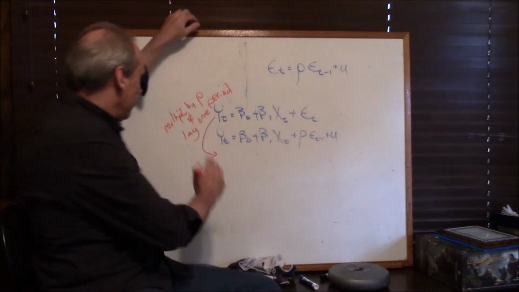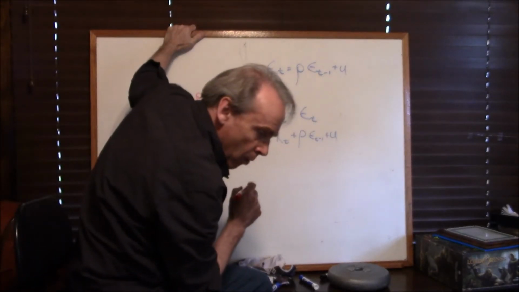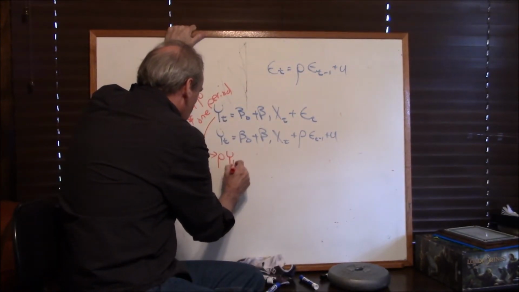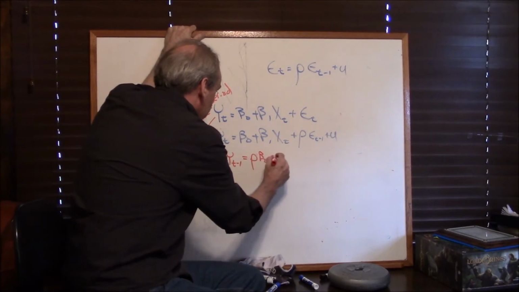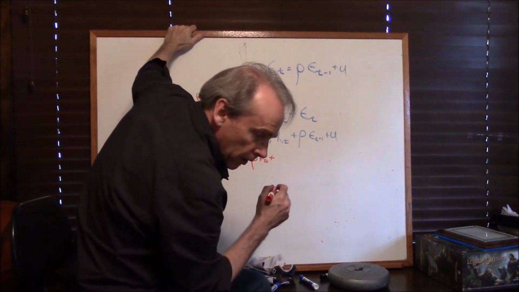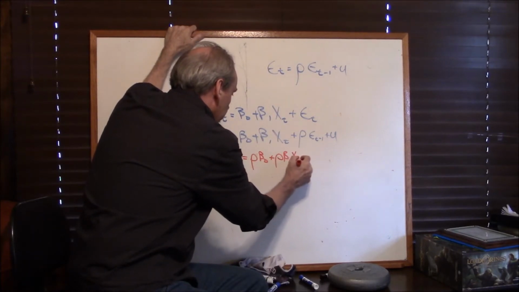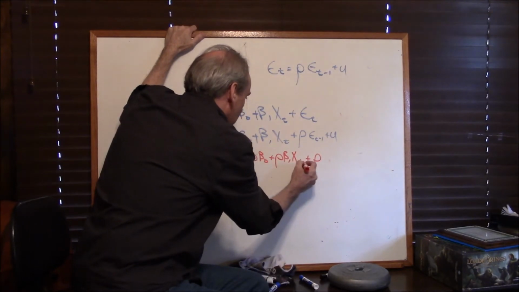All I'm going to do is multiply this equation through by rho. Oh, I forgot my minus 1.